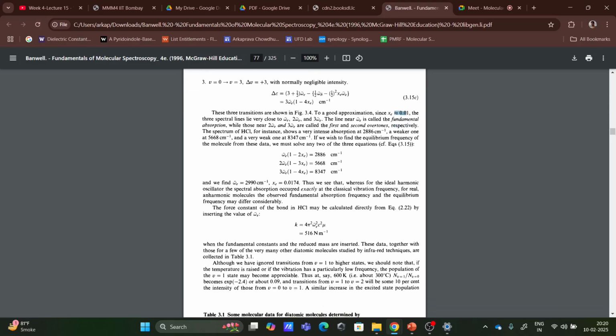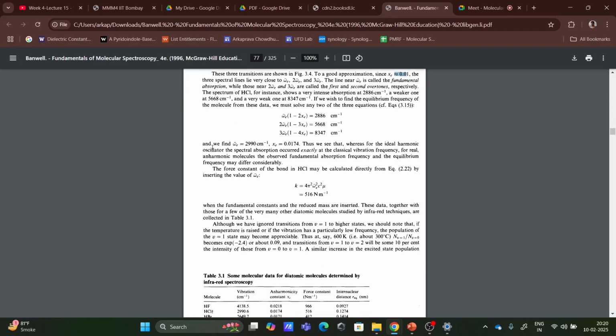I think I have read something here. Although we have ignored the transition from v equals 1 to higher state, we should note that if the temperature is raised or if the vibration has a particularly low frequency, then the population of the v equals 1 state may become appreciable.